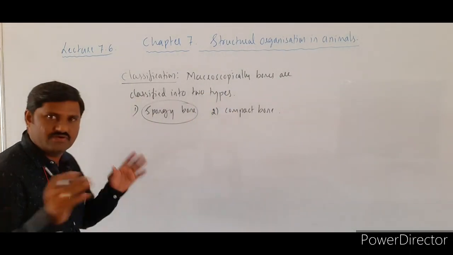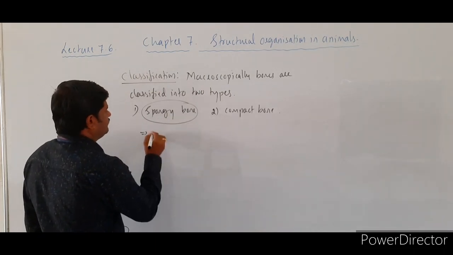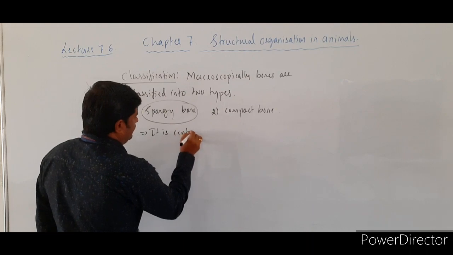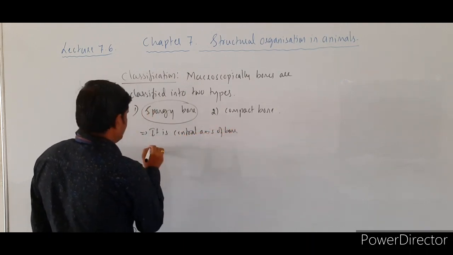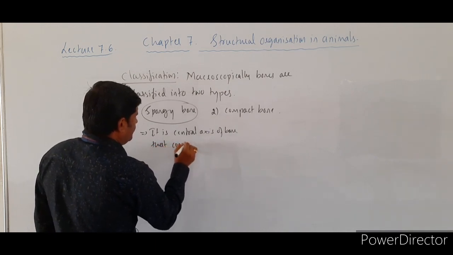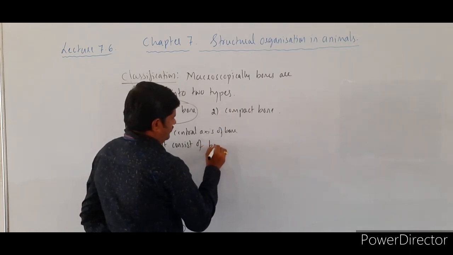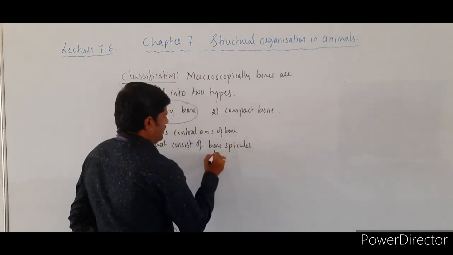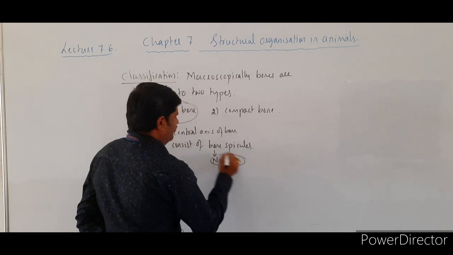So I shall note the points over here. This spongy bone is the central axis of bone that consists of bone spicules. Here is a network of bone spicules.